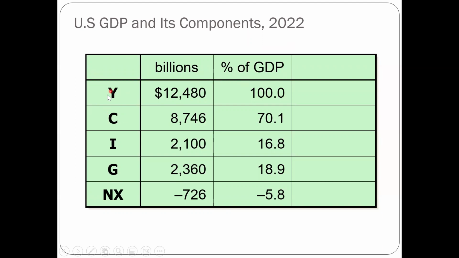Of course, Y is 100% of the GDP, while for C we can calculate the percentage by dividing the consumption over Y multiplied by 100%.